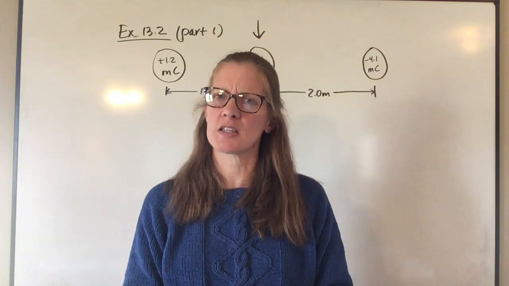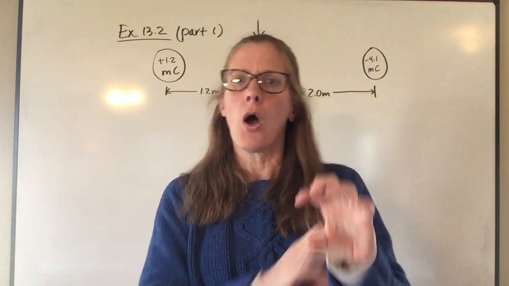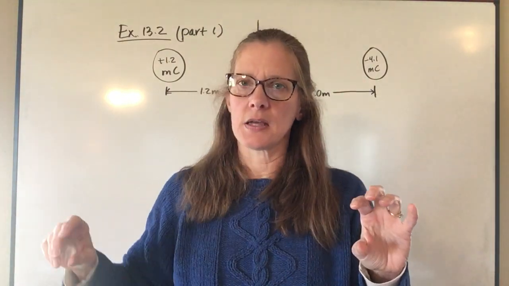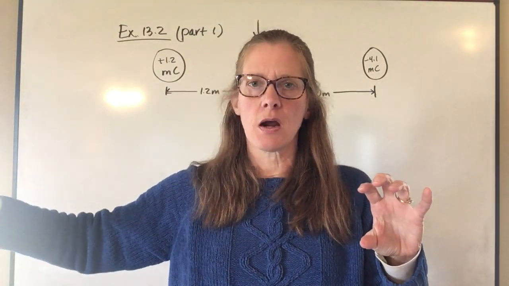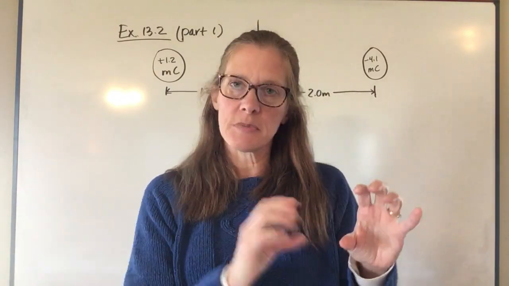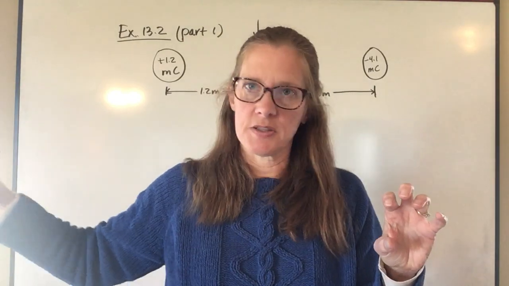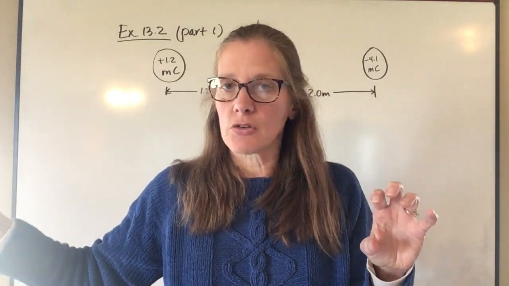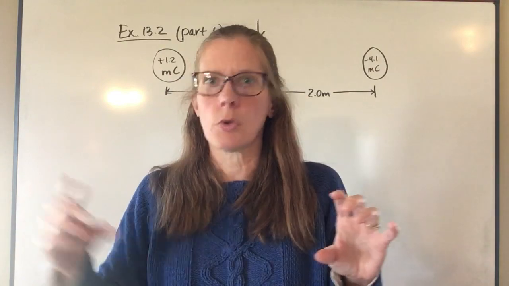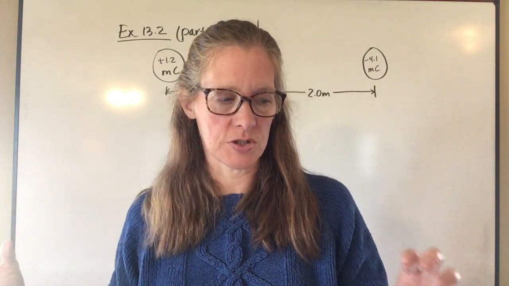Probably the best way I can explain that is, you are familiar with the fact that the moon orbits the earth and that you've got the sun way far over here and that the earth is then orbiting the sun as well. Now, does that mean that since the moon is closer to the earth and it's orbiting, the sun has no gravitational effect on the moon? Well, of course not. The sun has a gravitational effect on everything in our solar system.